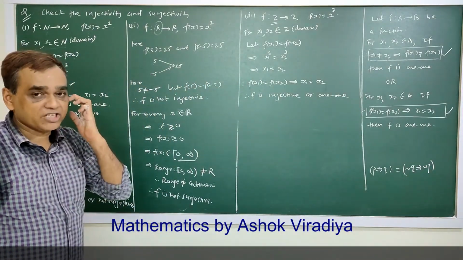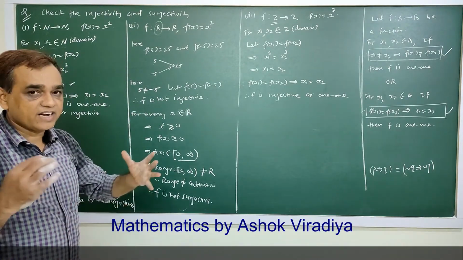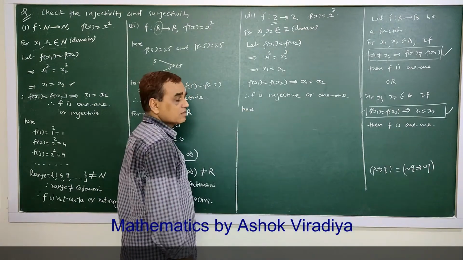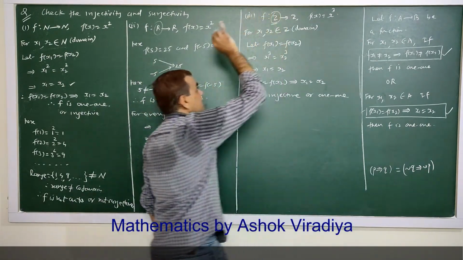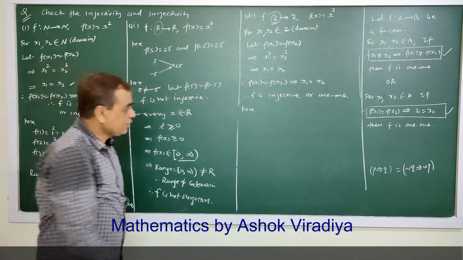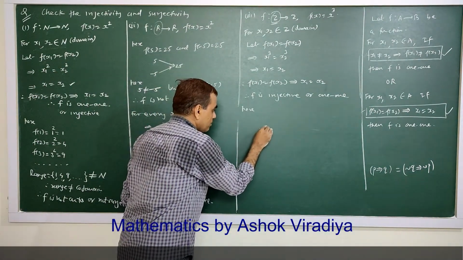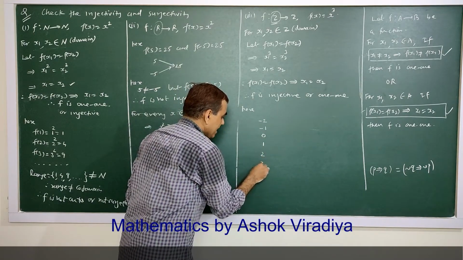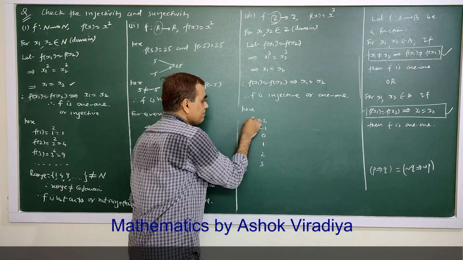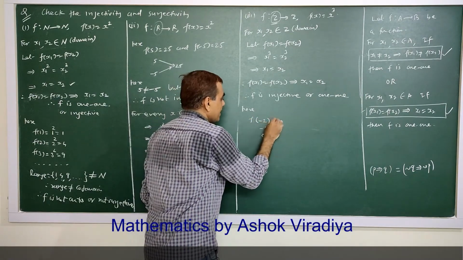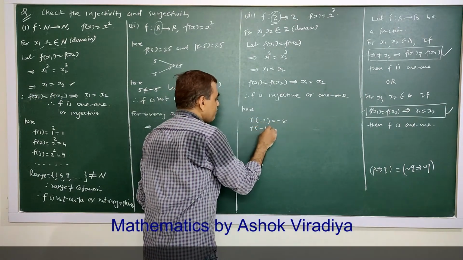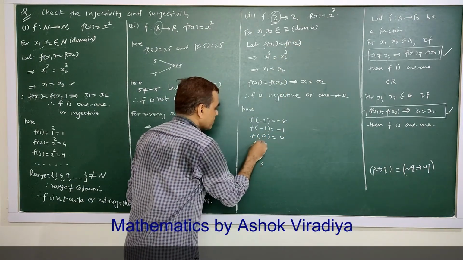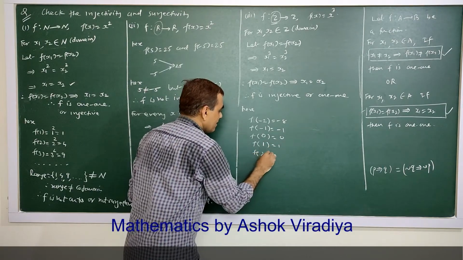Now for ontoness, let me check codomain and range. This is the domain. In the domain, there is 0, -1, -2, 1, 2. If we take -2, f of -2 is -8, f of -1 is -1, f of 0 is 0, f of 1 is 1, f of 2 is 8.